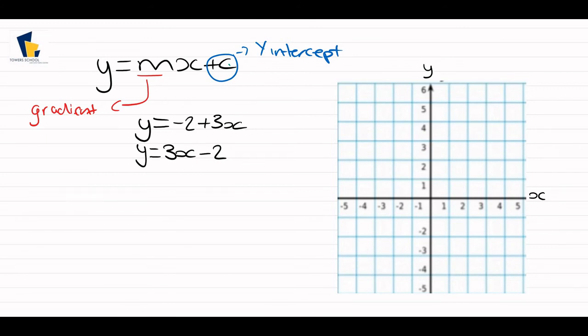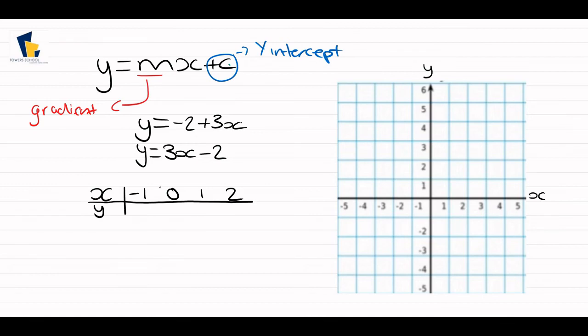So we have y equals 3x minus 2, and we're going to have to draw a straight line for this equation. So we're going to need a table of values. We can have an x value. I'm going to go from minus 1 up to 2 in this case, and this allows us then to find the y value.